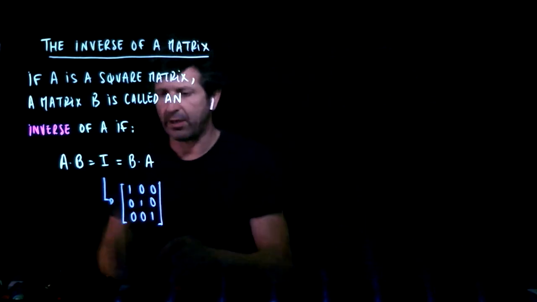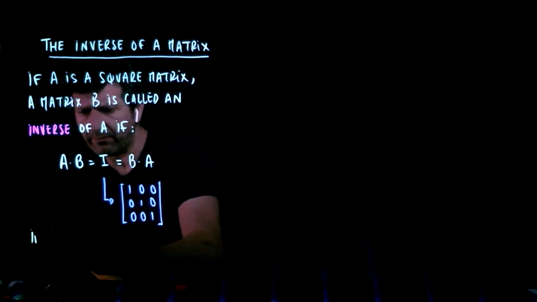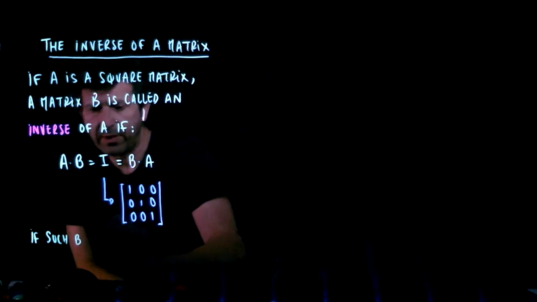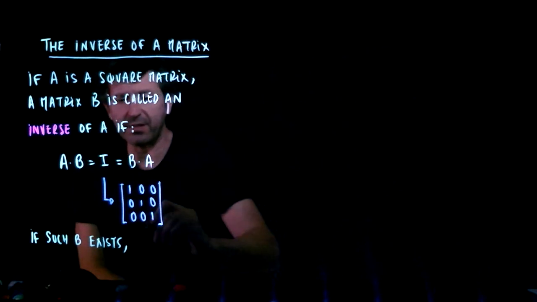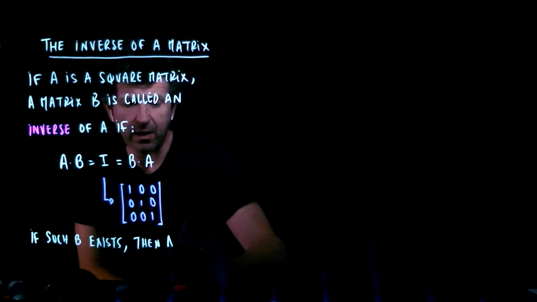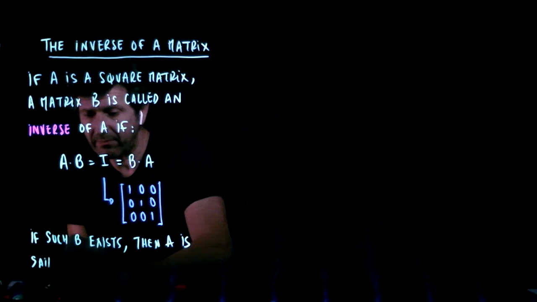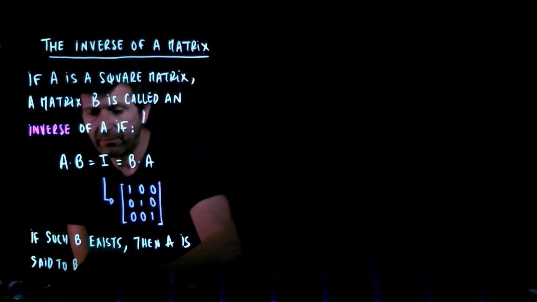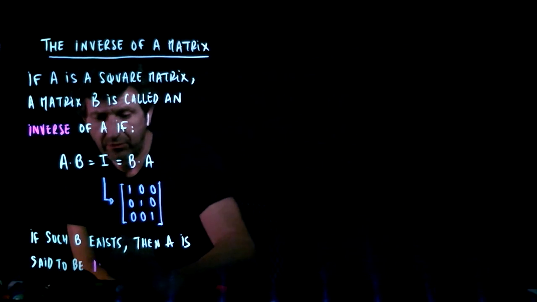If such a B exists, in other words, a B for which A times B is the identity, then A is said to be invertible. We call it an invertible matrix.